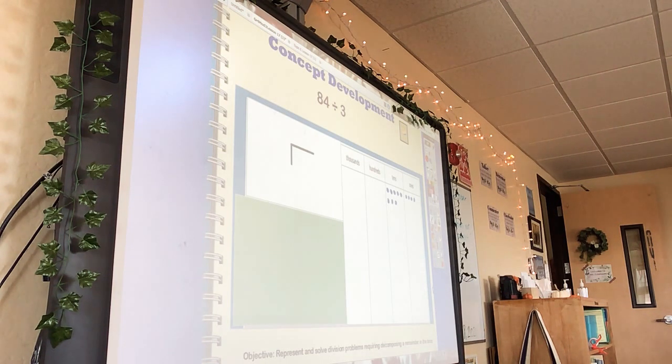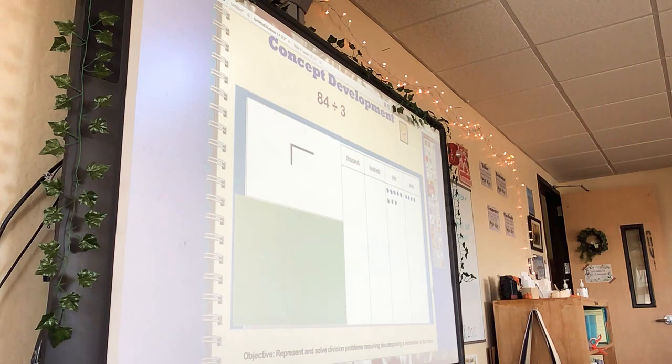Good. Some of you are catching on. You can divide 8 by 3. Circle groups of 3. Good. Keep going. How many are left over? So those two have to move over here. But when one goes over, how many does it explode into? 10. So there's one group of 10, and then what is this one going to explode into? 10.